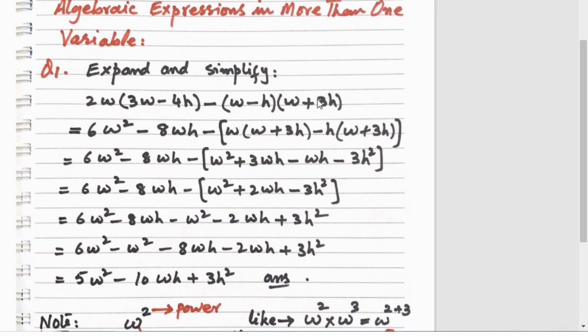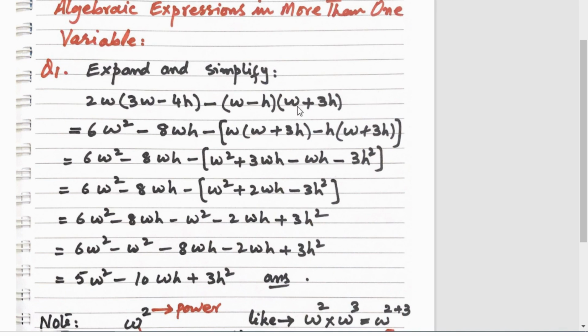Minus: now two consecutive brackets are here and the minus sign is outside. As I have told you before, we will keep this whole expression, its process and its expansion, inside a big bracket, and we will keep this minus sign outside. At the end, after simplification, we will multiply this sign with the internal terms and get them out.